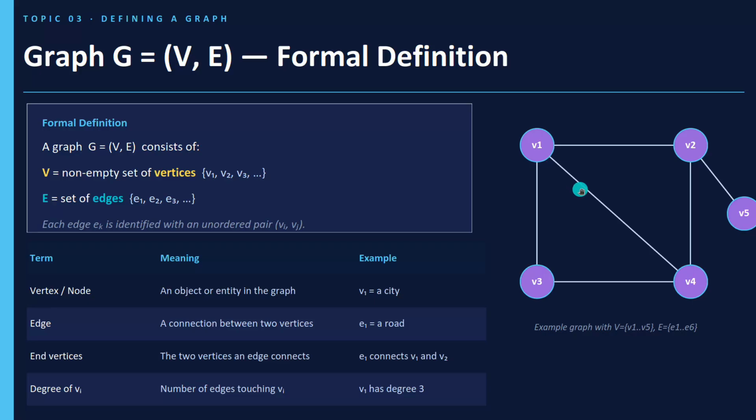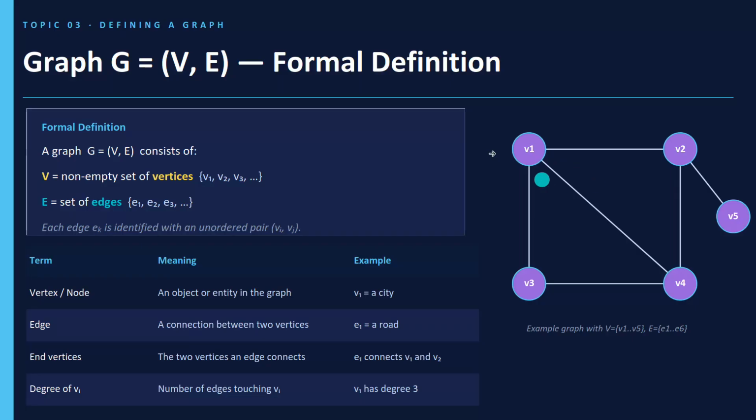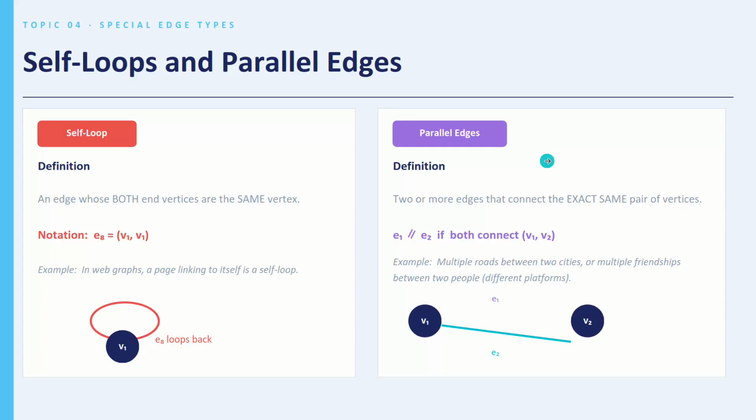Degree is the number of edges touching one vertex. So here if you see V1, 1, 2, 3 edges are touching this V1. So the degree of this vertex V1 would be 3. The number of edges touching a given vertex is considered the degree of the vertex.